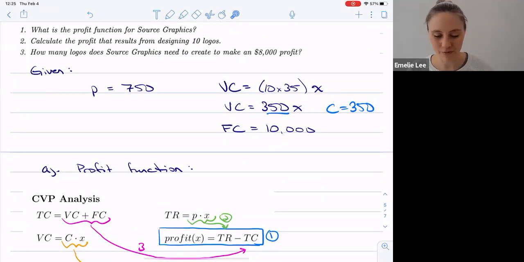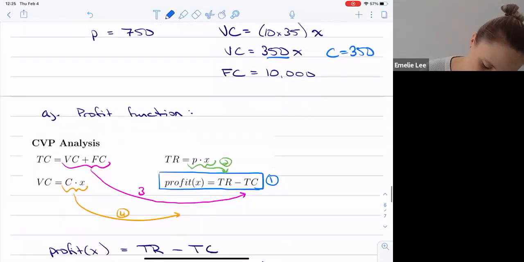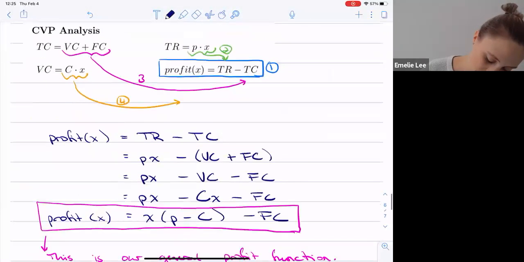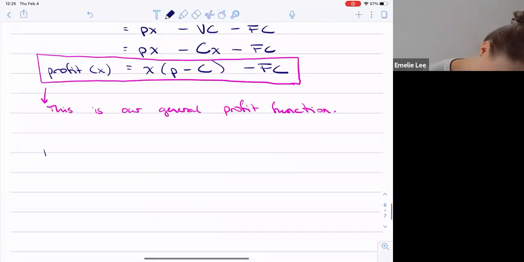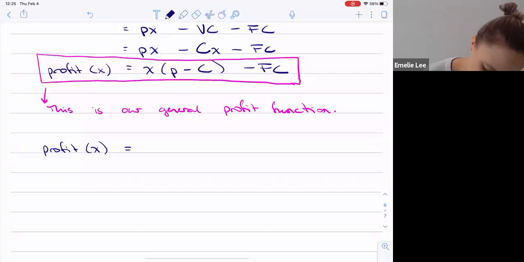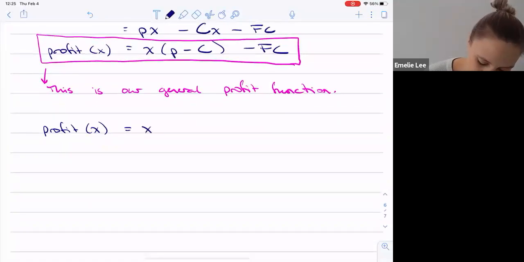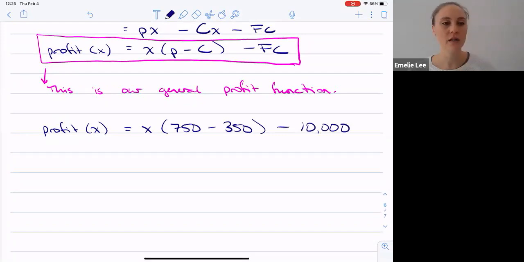So in my profit function, once I plug those values in for this problem, I get the profit at some number of items X is X times 750 minus 350 minus 10,000. Right? Just using the information that we have and plugging it in.